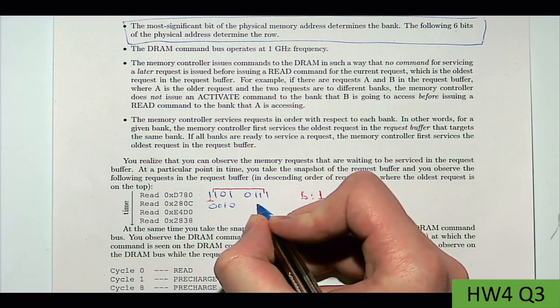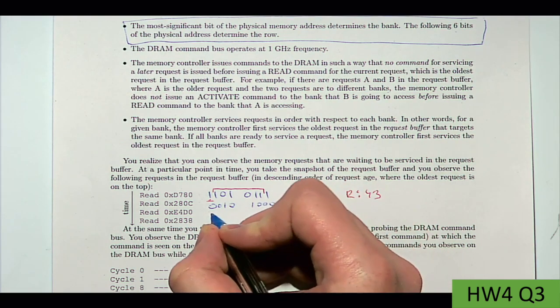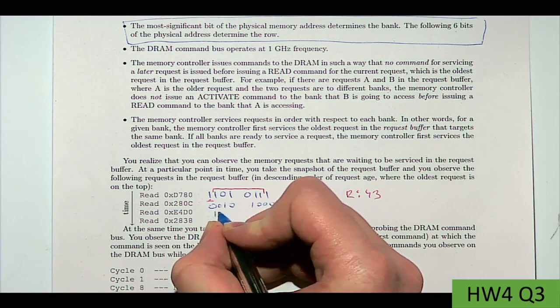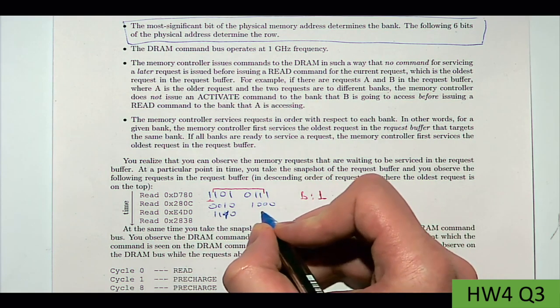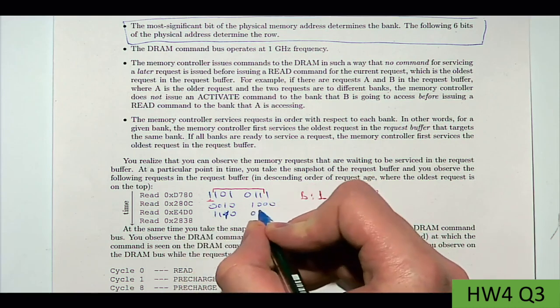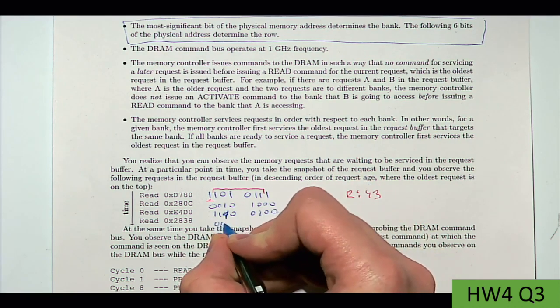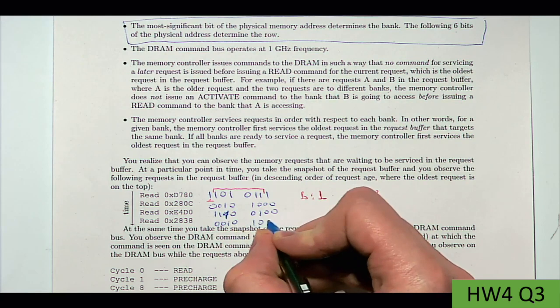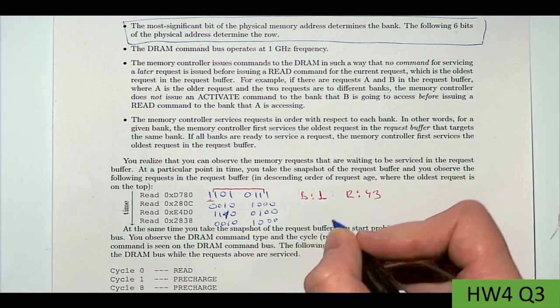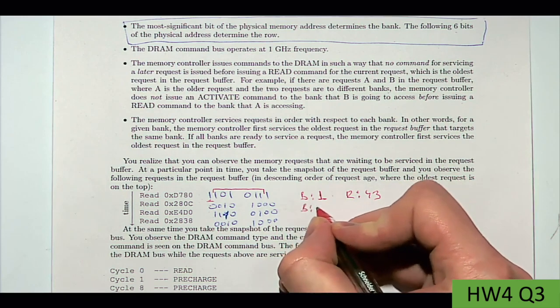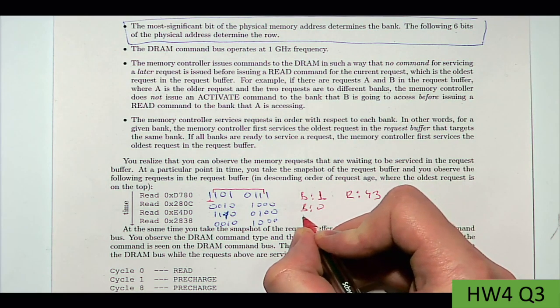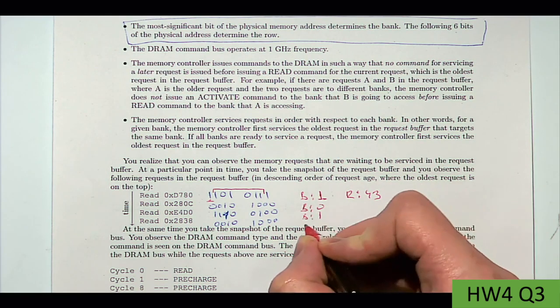So this is this, and then this is 8. This is 1, 1, 0, and then 4, 0, 0, 1, and then 8, right? And so if you do the same here, for the bank it's very easy, right? The second request is bank 0, third request is again bank 1, and then bank 0.